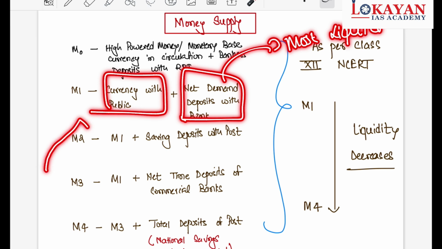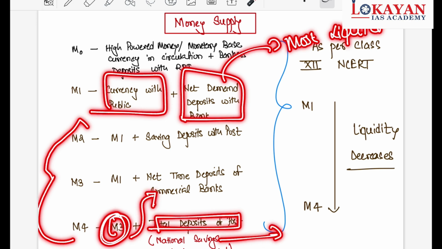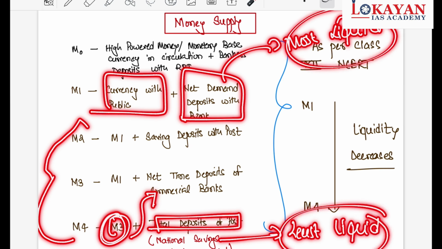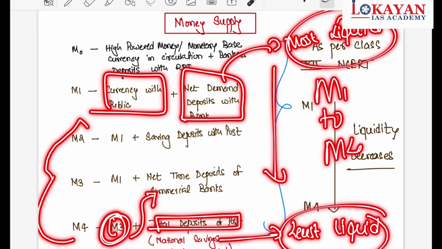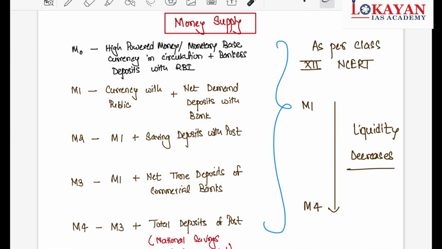When you go from M1 to M2 to M3 to M4, M4 has total deposits of post office and also M3 which includes time deposits, so this is least liquid. Liquidity is reducing from M1 to M4. M1 is the most liquid and M4 is the least liquid.